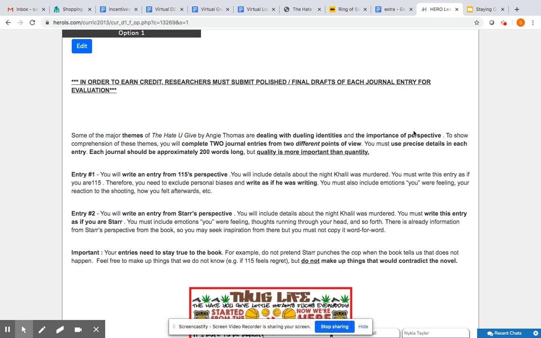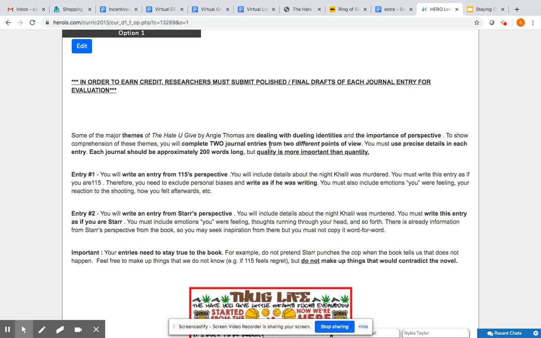We talked about Starr and her life at her private school and Starr and her life in Garden Heights. So, different perspectives. That's the point of view they're looking from. To show comprehension, to show me that you understand these themes, you'll complete 2 journal entries.